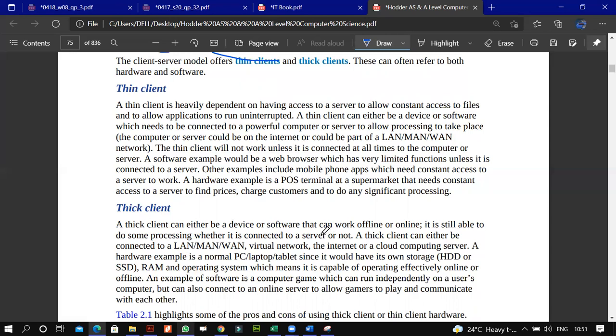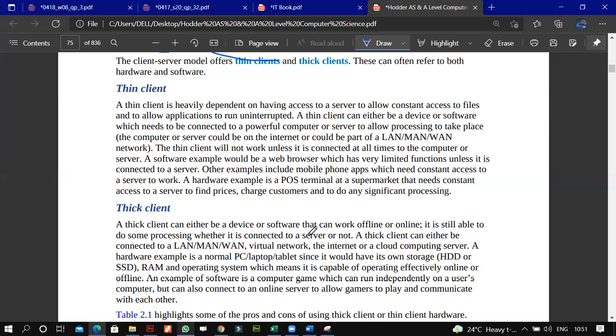Then why do we need thin clients and why do we need thick clients? Well, obviously, if you want the users to work on applications that tend to be pretty heavy and work independently, then obviously a thick client. But at times there are environments where you don't want your users to use such heavy applications.